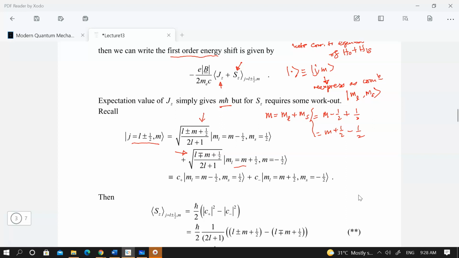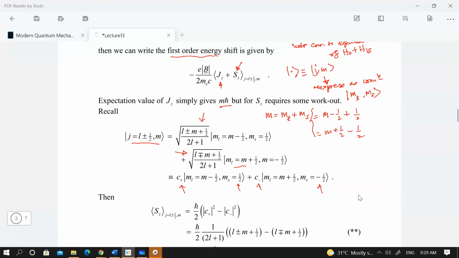And why is this useful? Because you want to evaluate essentially the z component of spin. So let's replace this by C plus over here, corresponding to the plus a half over here, and C minus over here corresponding to this minus a half there.